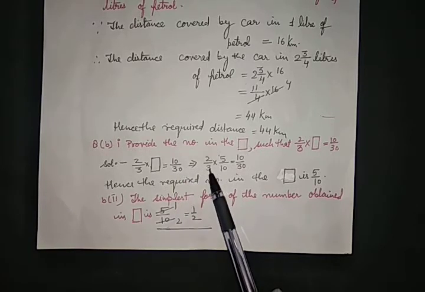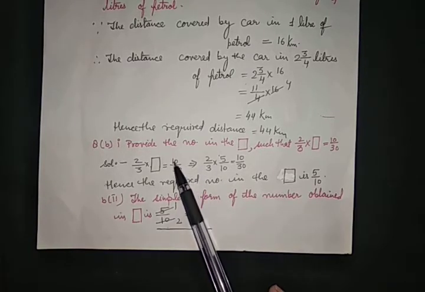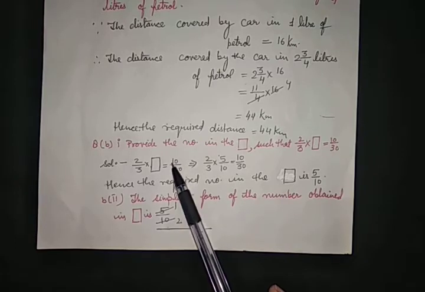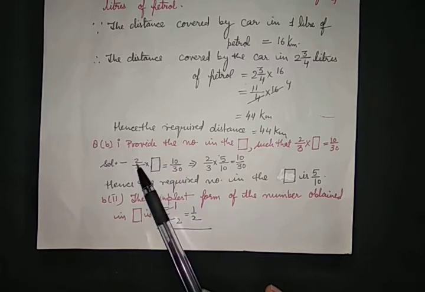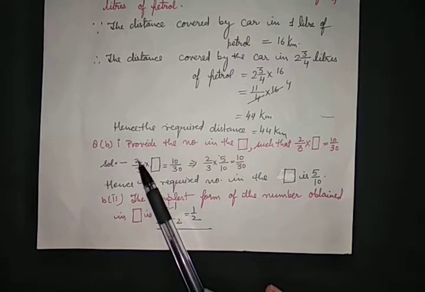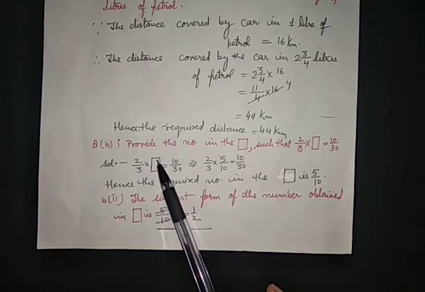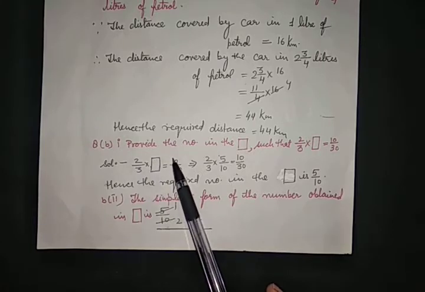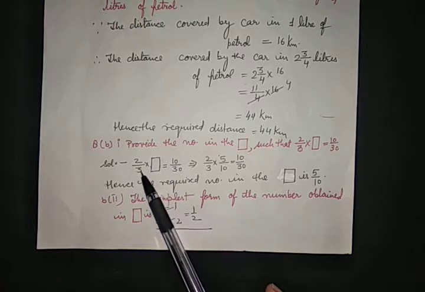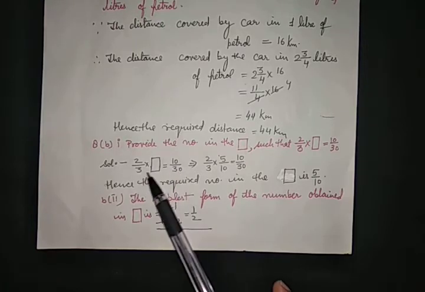So for the first step, we will think how can we get this 10. To get this 10, we will multiply this numerator 2 with 5. Then 2 5s are 10 will come. And 3, how can we get 30 from 3?